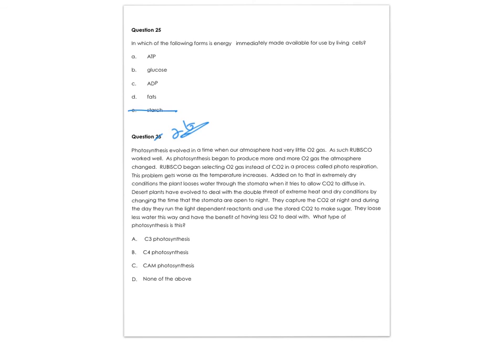Fat is for long-term storage in animals and plants, and also for cellular membranes, but it's not used for immediate release of energy. Again, you have to take starch, fats, and glucose through cellular respiration in order to get the energy out. And what form does that energy come out in? It comes out in the form of ATP.